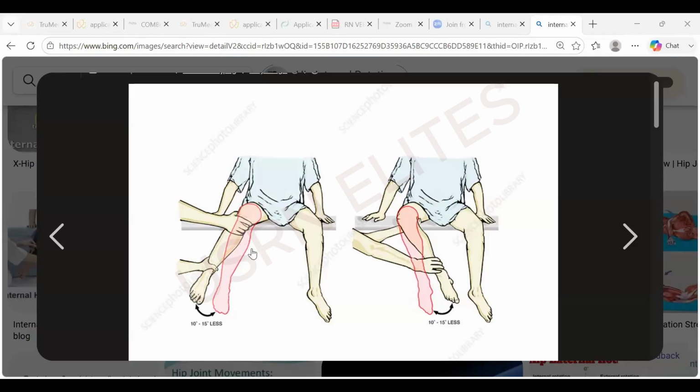Why internal rotation? Look at where he's moving the leg towards. The person is moving the leg away from the center. I hope you can see that.